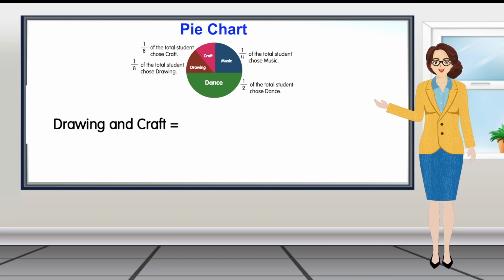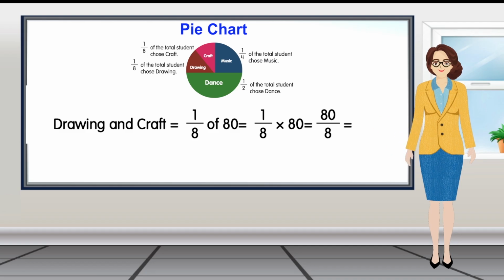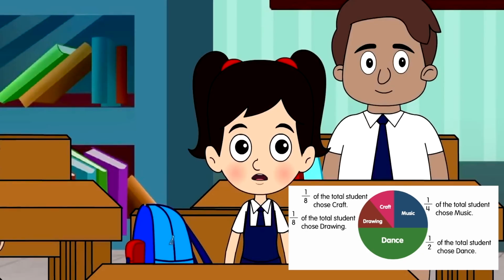Craft. 1/8 of the total students chose craft. 1/8 of 80 is 1/8 multiplied by 80, which equals 80/8. After dividing 80 by 8, we will get 10. So 10 students chose craft. Drawing is also chosen by 1/8 of the children. So 10 students chose drawing.